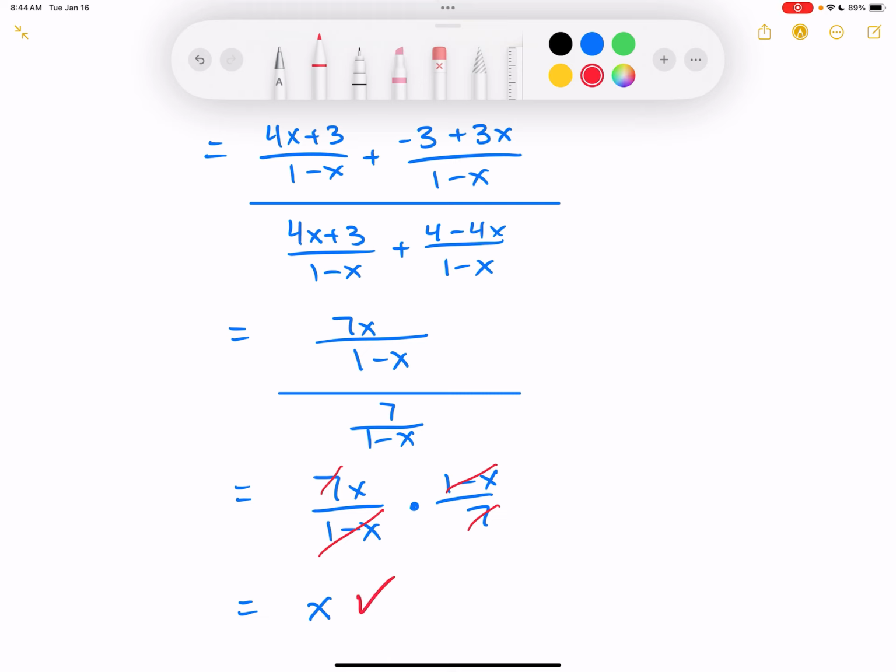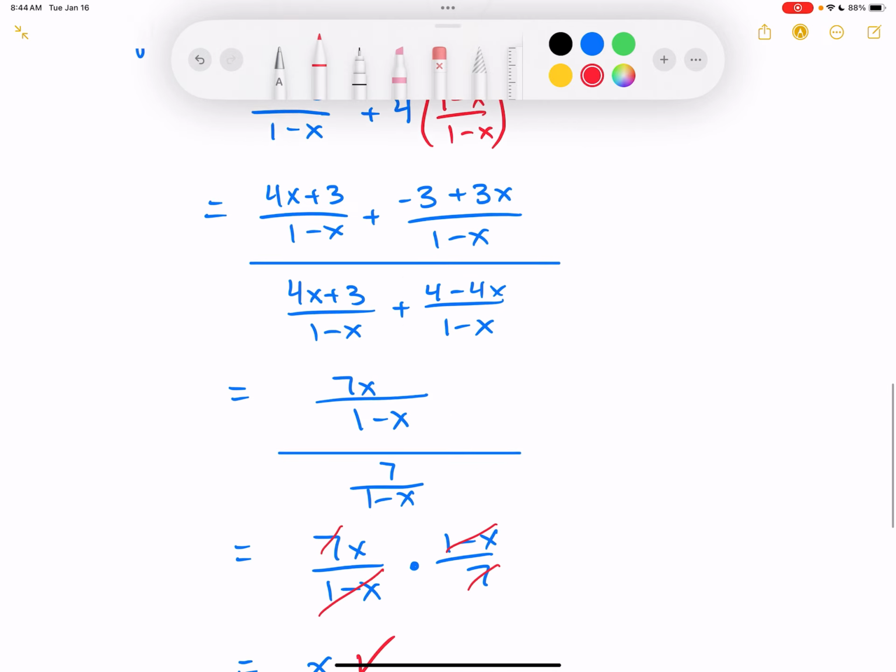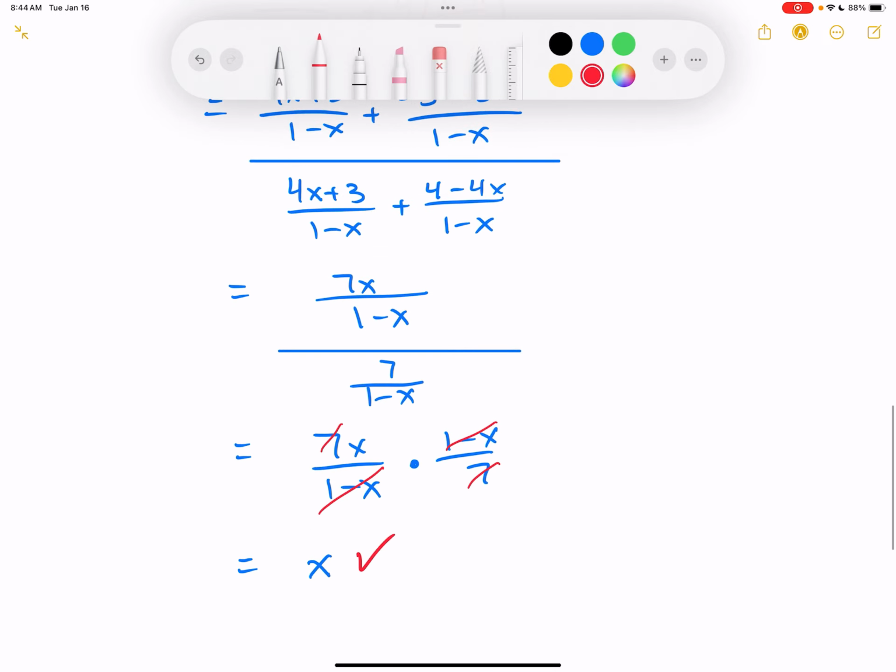So you have to do that again? For g of f of x. So I said this one's a little harder. If one is right, will the other one be right too? Will they both be the same, either they equal x or they don't?